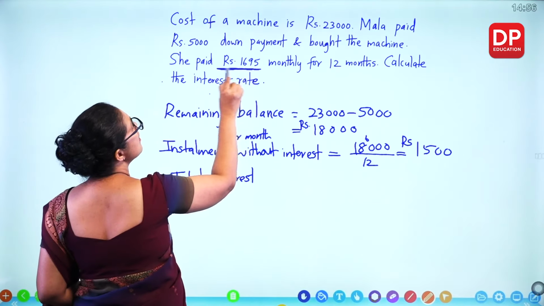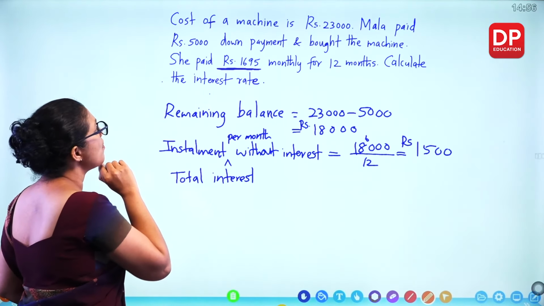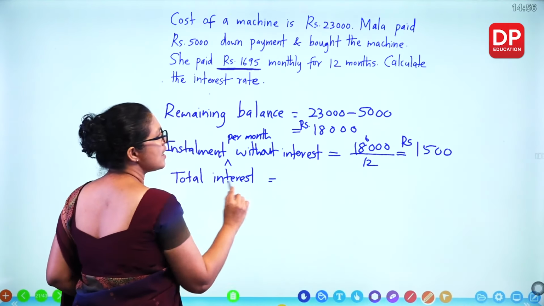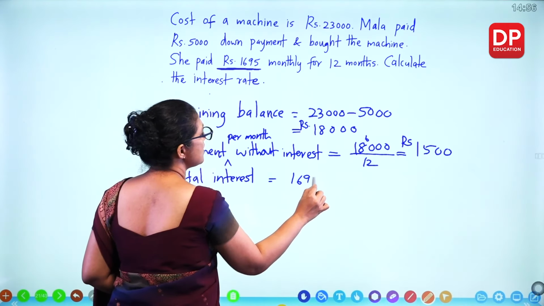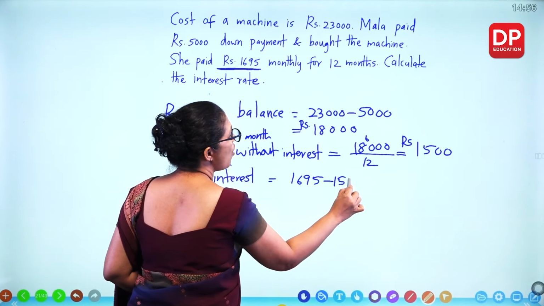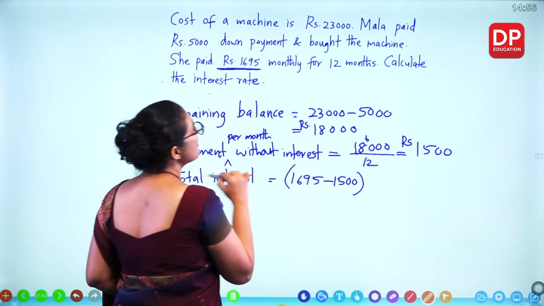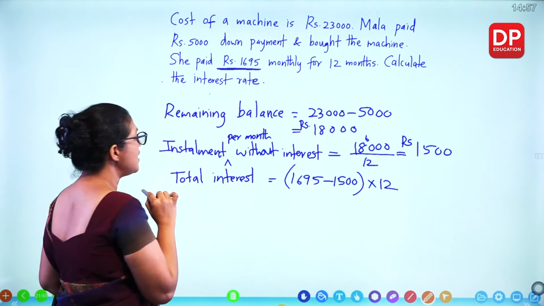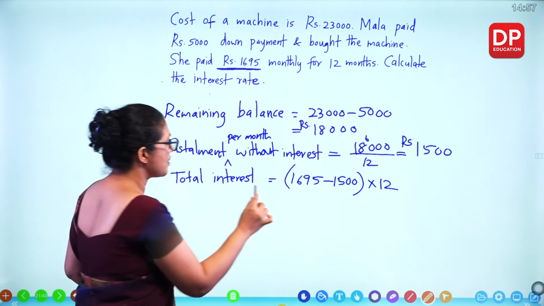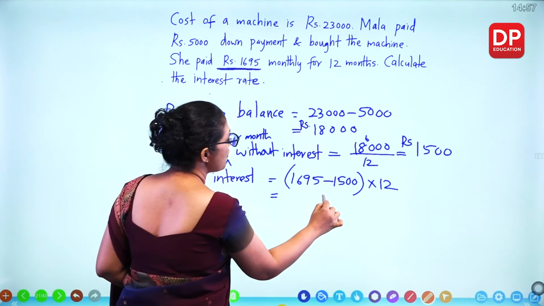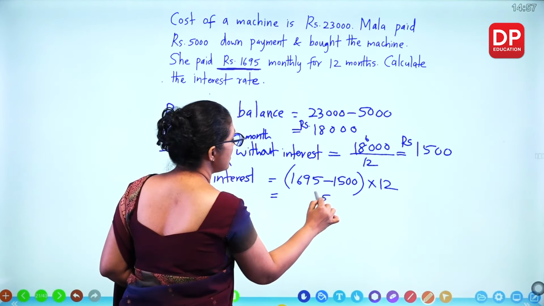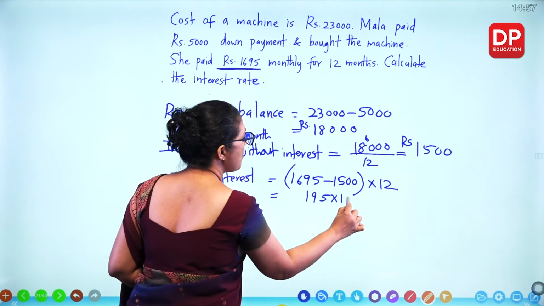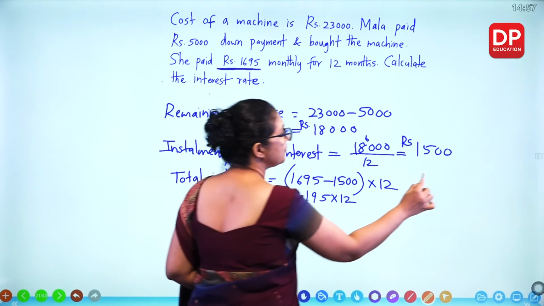This is the installment with the interest and this is without interest. So here when you take the difference, this is for 1 month. For 12 months, you need to multiply by 12. That's the total interest. So when you subtract, you get 195 multiplied by 12.